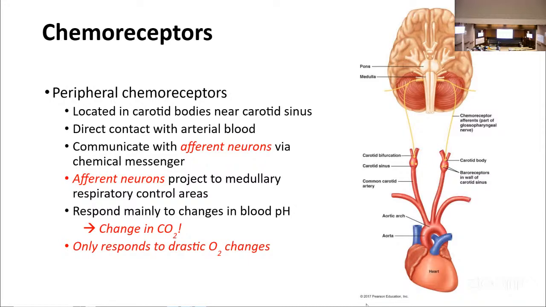Very much too little oxygen is going to be a problem, but you have a much wider range of oxygen that is acceptable to your body than when we're looking at carbon dioxide. So we're going to see that these peripheral chemoreceptors are mostly responding to carbon dioxide changes, partially through that conversion of carbon dioxide into hydrogen ions and bicarbonate ions that's affecting the pH.